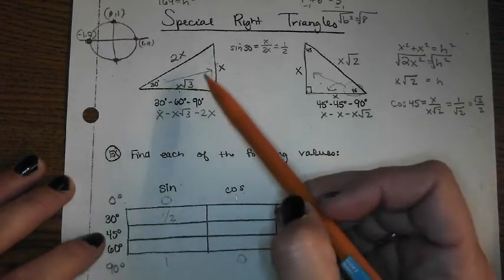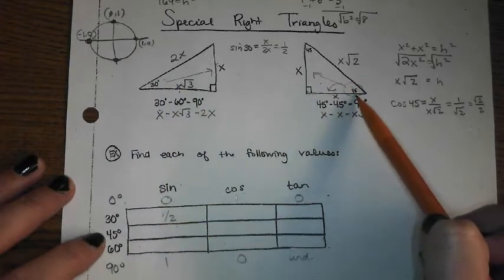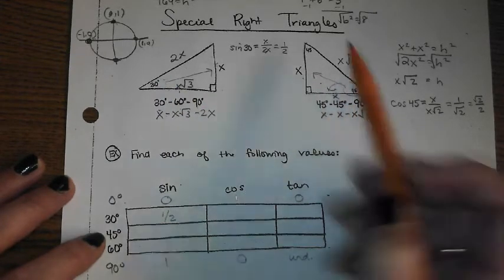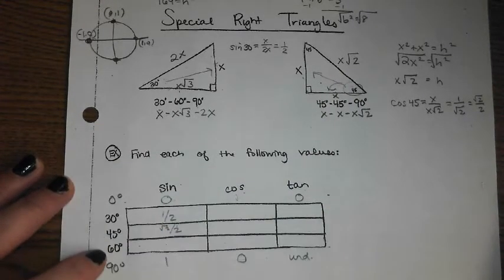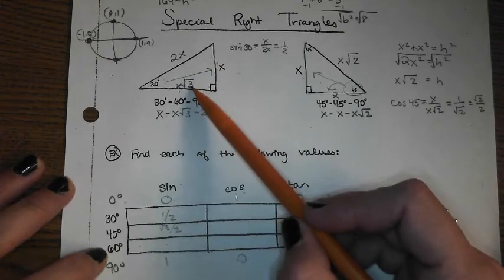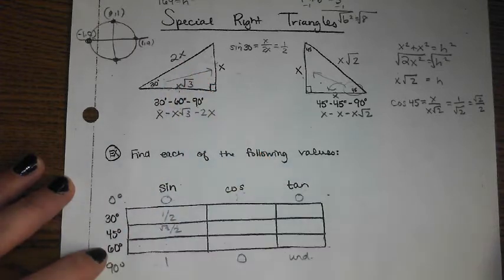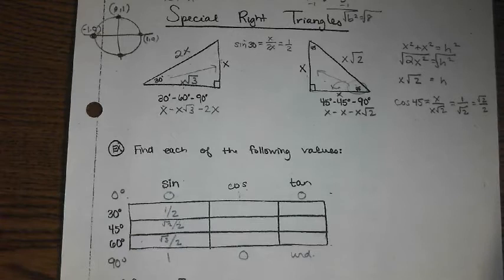If you look quickly at the sine of 45, it's opposite over hypotenuse, that's going to be 1 over root 2, which rationalizes to root 2 over 2. We already talked about that. And for a 60-degree angle, if you look at the opposite, x root 3 over hypotenuse 2x, that's going to reduce to root 3 over 2. And there's your sine column.